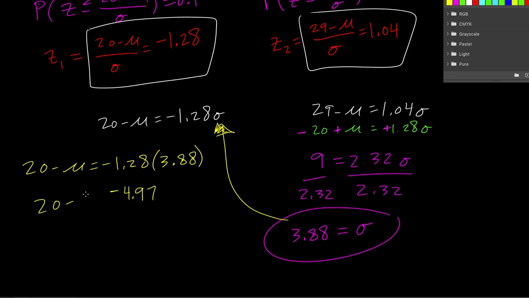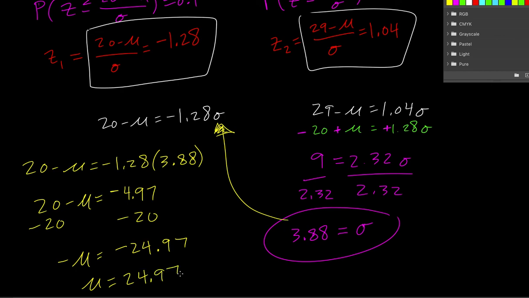That's 20 minus mu is equal to that. Subtract 20 from both sides. That's going to be negative 24.97 equals negative mu. And so we just switch those signs. And if we round that to 3 significant figures, that goes to 25.0.